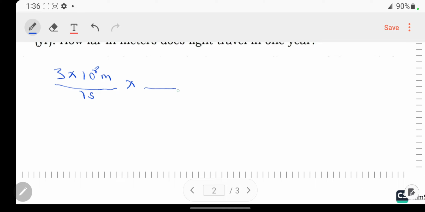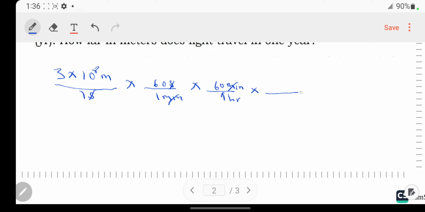First let's convert it into a minute. So we have over 1 minute. In 1 minute there are exactly 60 seconds, so this second and this second cancel. We have converted into a minute. Now let's convert this minute into an hour. We know that there are 60 minutes in an hour, so this minute and this minute go, and we have converted into an hour.